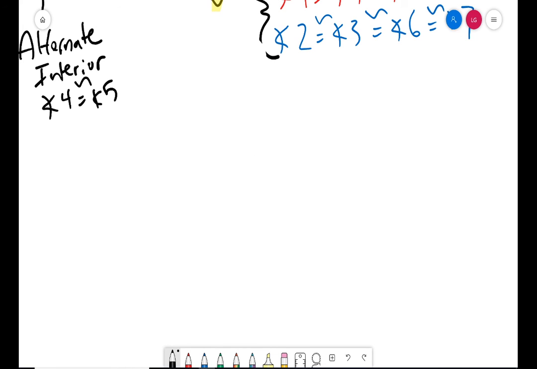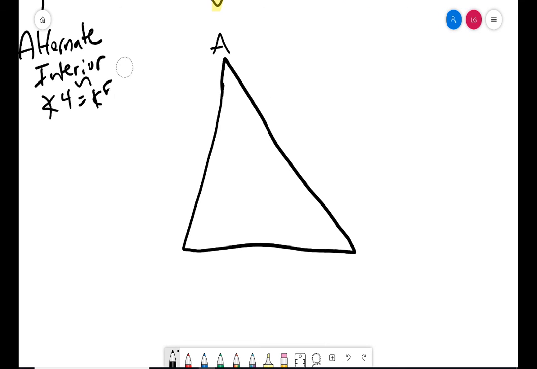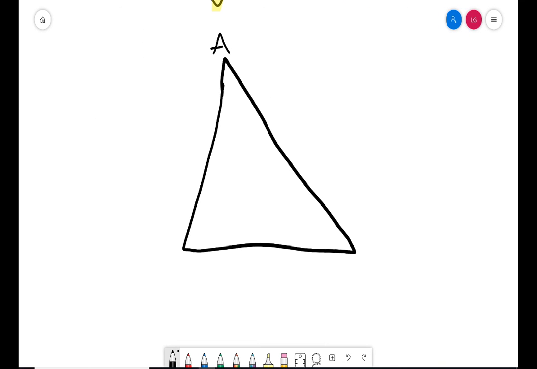And last for the day, I want to leave you with what I'd like to talk about next week for geometry, which is going to be some triangle work. But I just want to look at this diagram for a second, and we'll pick it back up next Wednesday. So let me label it. I'm going to do a little erasing here just to clear it up. This is a triangle ABC.